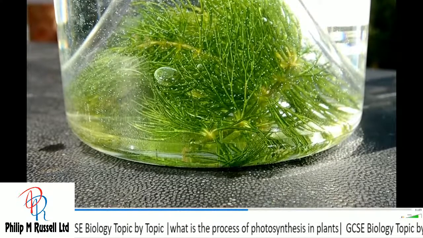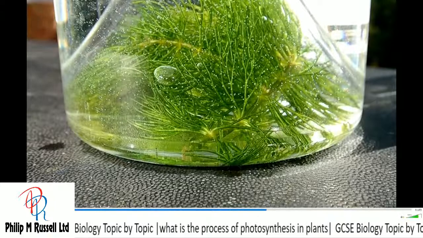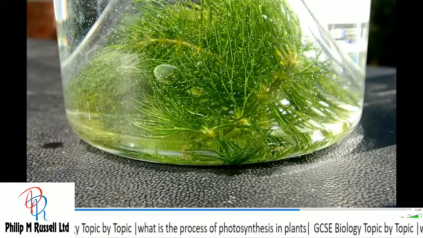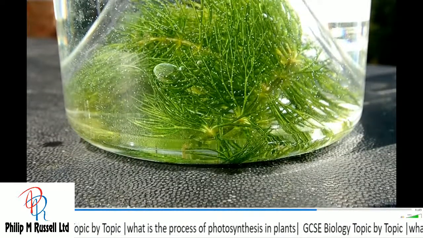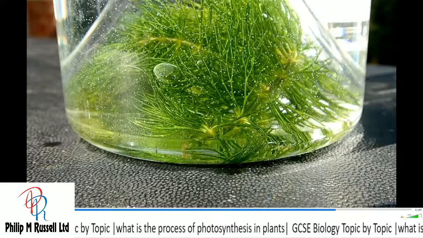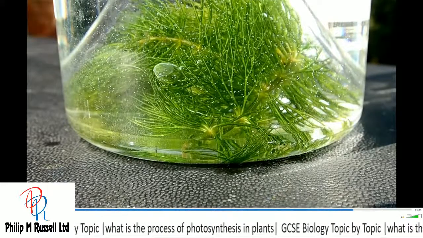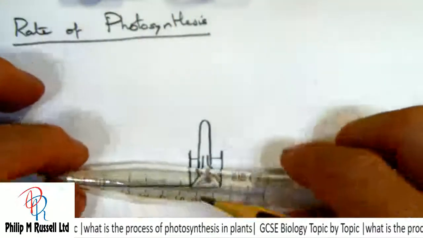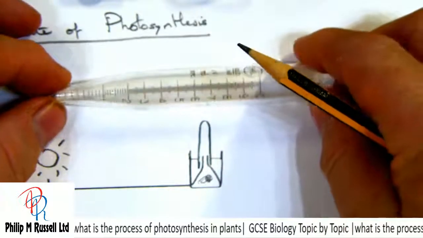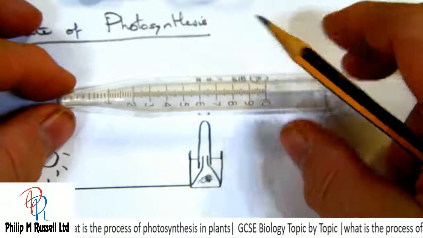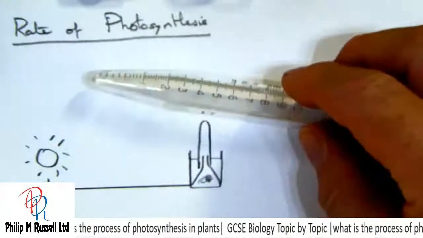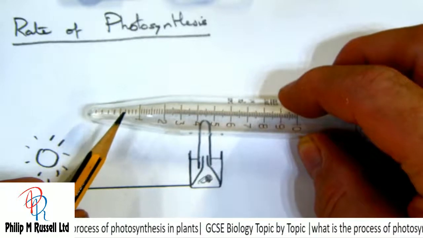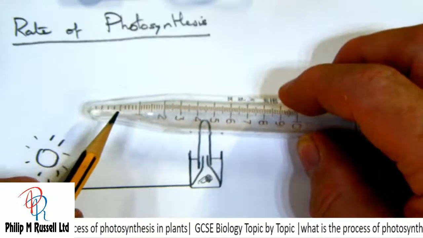And measuring the number of bubbles coming out is probably a more accurate way of trying to do this. If we leave it over a considerable amount of time, then we can collect the amount of oxygen in that sort of test tube I showed you before, which has these sort of measurements, and you'll see that because of the shape of this test tube we can actually measure small amounts relatively accurately.